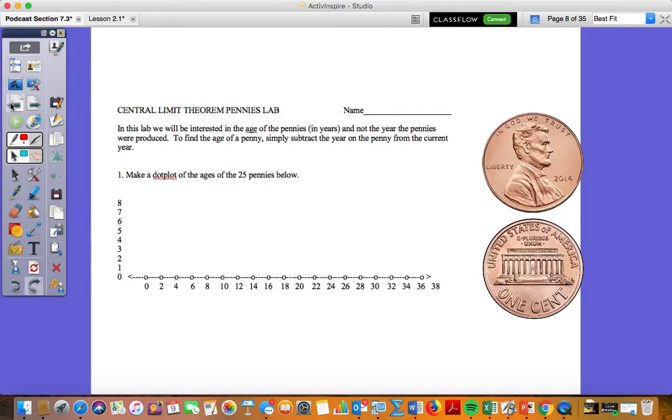Every sample will be not a dot, but an actual sticky note. Let's say the average age of your sample was 14 years. You'll take a sticky note, put it over 14, and the next one will build on top of the next. Round to the nearest year so we can see what's going on.